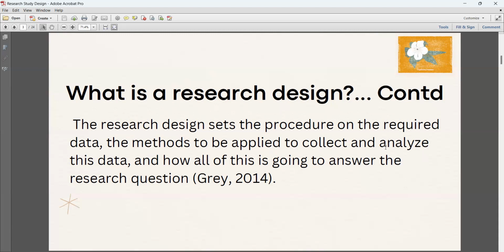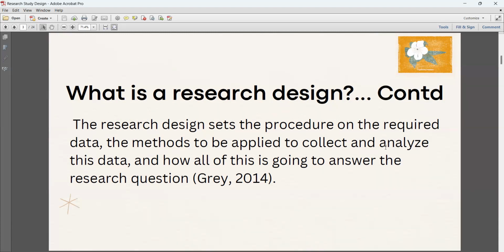So that's why it is very important to choose the right research design. If we choose the wrong design, then it means we are going to use the wrong sets of procedures or standards to answer those research questions.